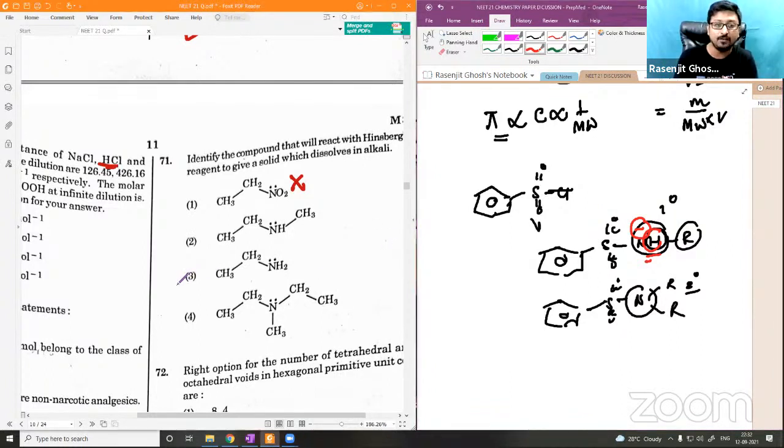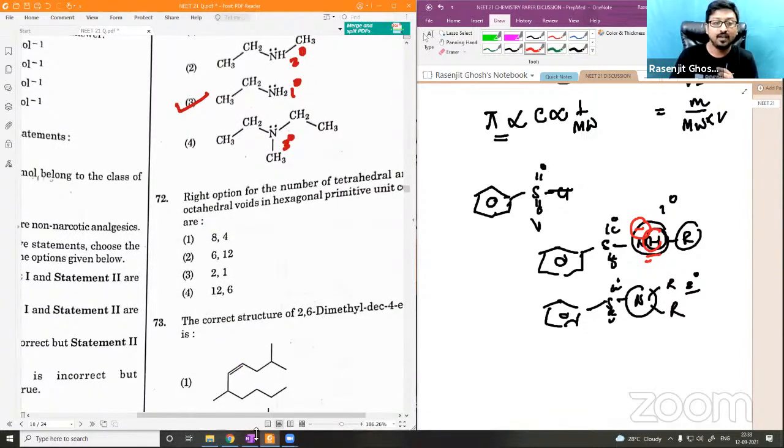So the correct answer will be the primary amine. This is a secondary amine, this is a primary amine, and this is a tertiary amine. Primary amine will be soluble in alkali, secondary amine will not be soluble in alkali, and tertiary will definitely not react. That is why using Hinsberg reagent, you can distinguish between primary, secondary, and tertiary amines.